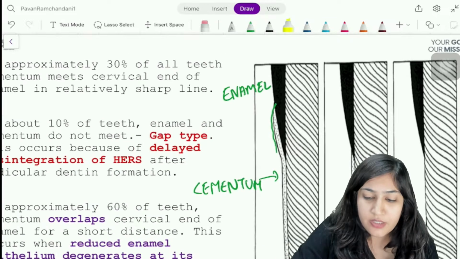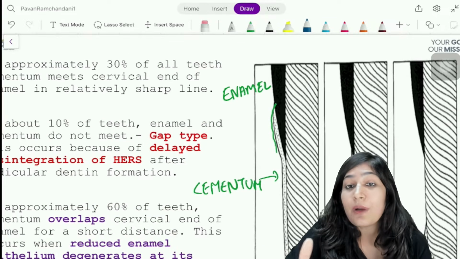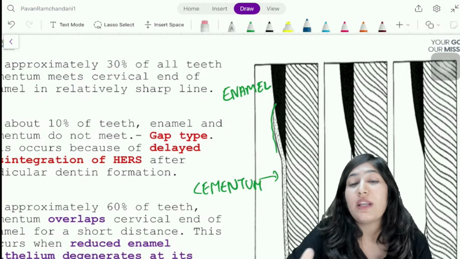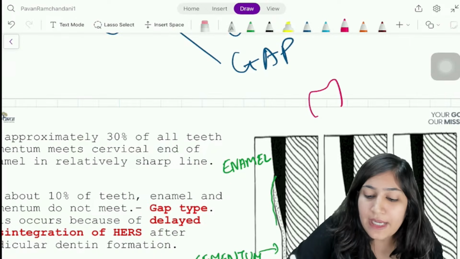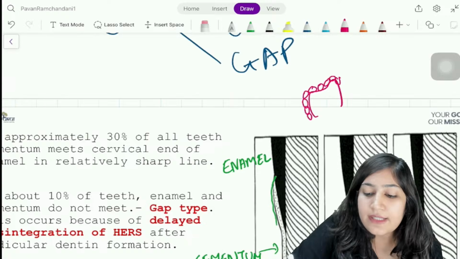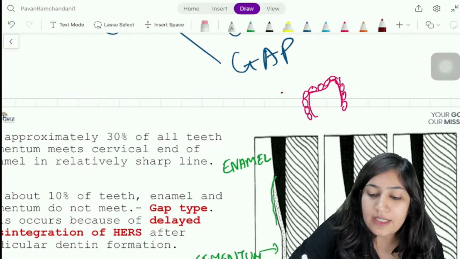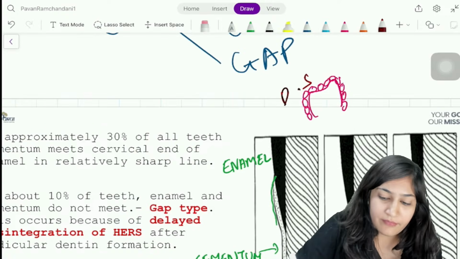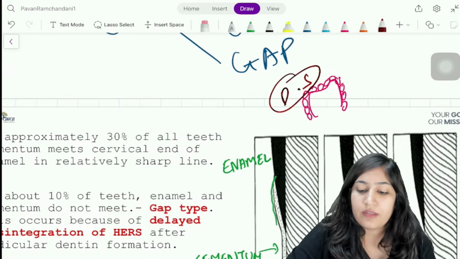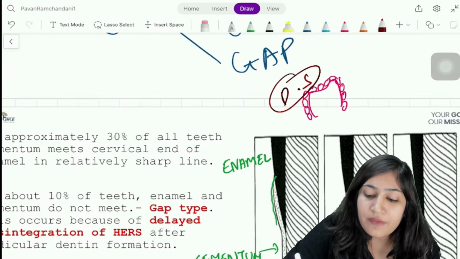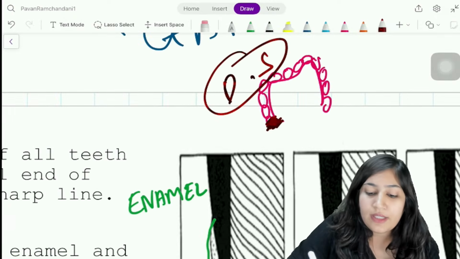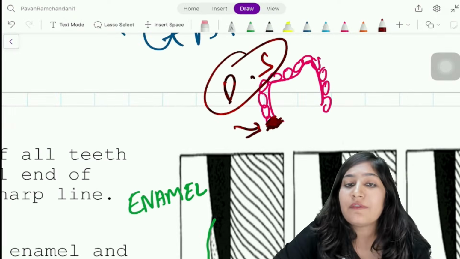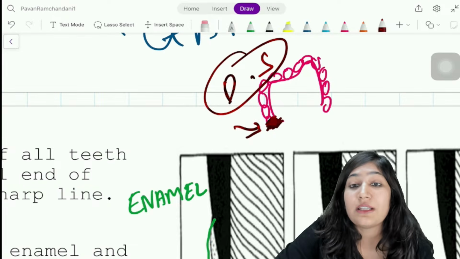Okay. So we can discuss cemento-enamel junctions. Why is overlap junction present? We all know that when the tooth is formed, it is mainly covered by reduced enamel epithelium. This protects the tooth from the surrounding dental sac. So when there is a retraction of reduced enamel epithelium near the cervical portion of the tooth, dental sac cells come in contact with the formed enamel.